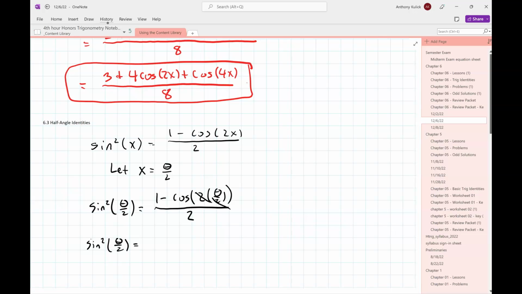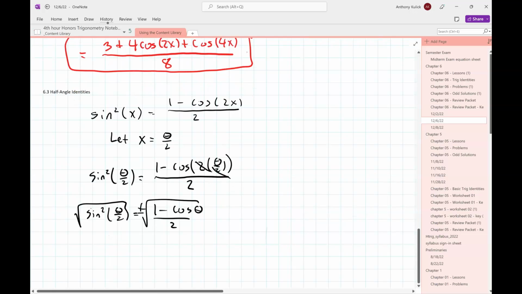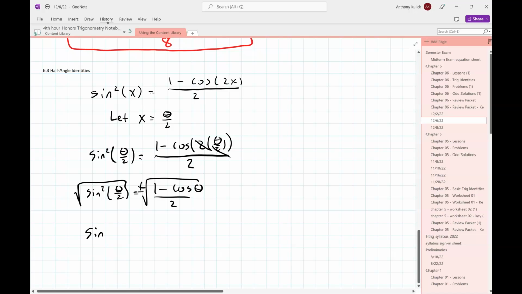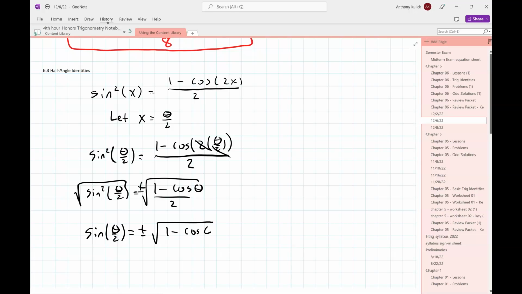So those 2's can just kind of cancel each other out, and I have this. And then we're going to square root both sides. Again, since I'm square rooting both sides of an equation, I get a plus or minus. So that's the half angle identity for sine.